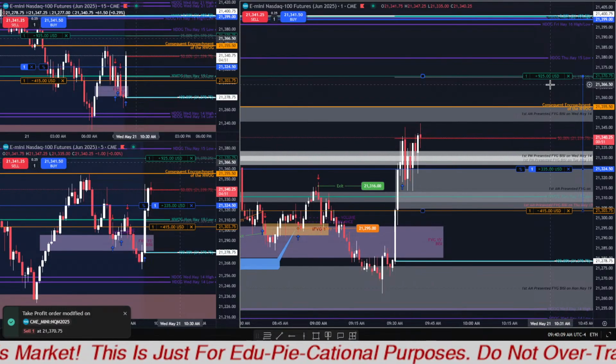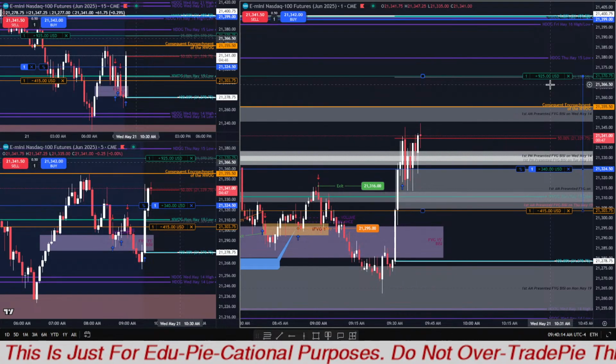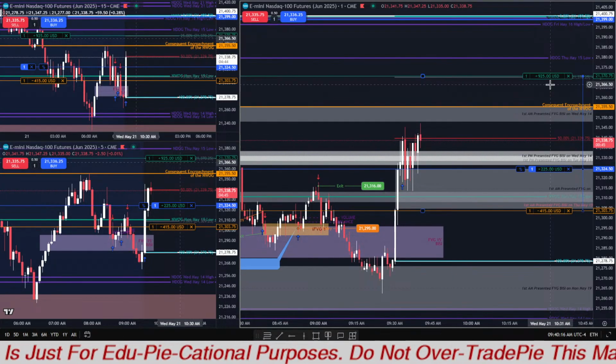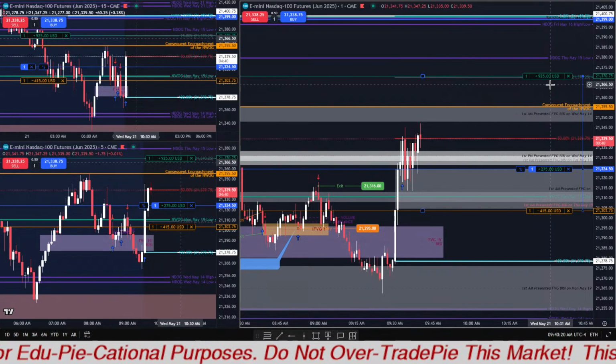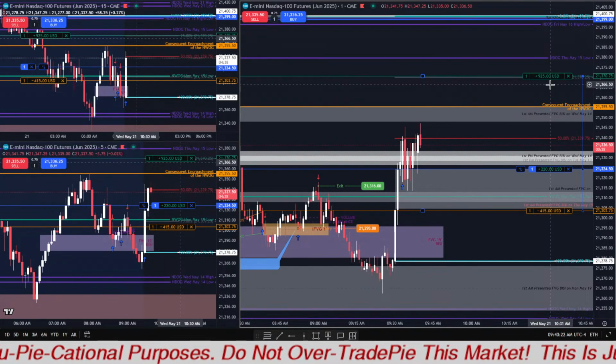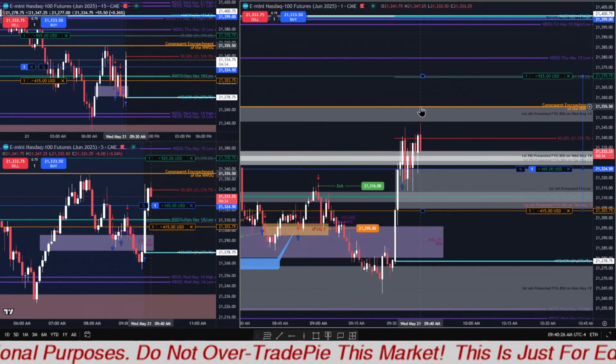We started trading and closing above the consequent encouragement of the open range gap, and yeah, so far everything is in favor. Just a little bit of distortion in the time over here.